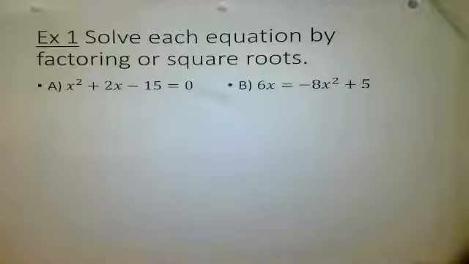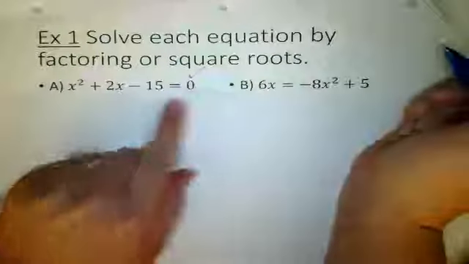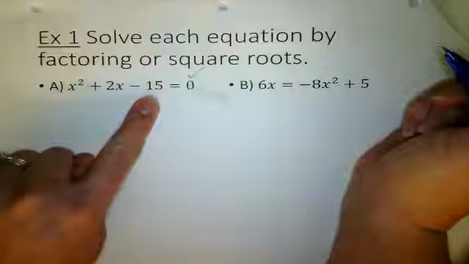We have x squared plus 2x minus 15 is equal to 0. So first thing, is it set equal to 0? Yes, it is. Very good. So you'll notice we have 3 terms here. That's really important.